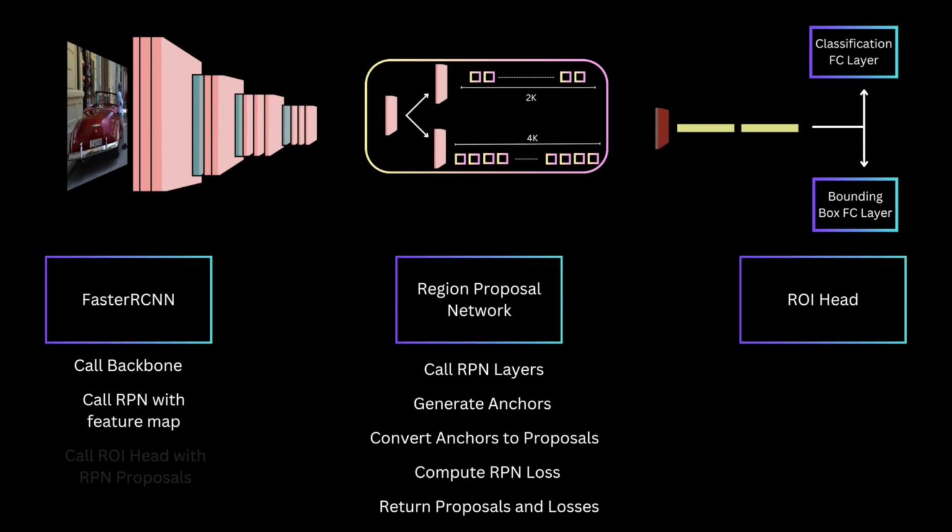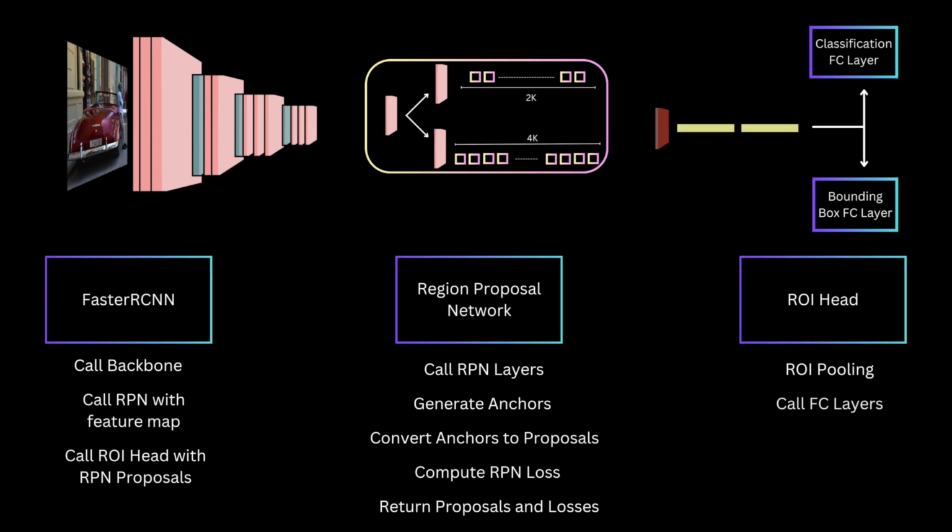Faster R-CNN module will then call the ROI module with these RPN generated proposals. Inside the ROI head module, we'll perform ROI pooling and then pass the pooled features for RPN generated proposals to FC layers, including the classification and box regression FC layers.